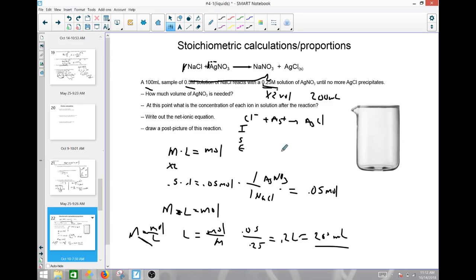I could solve it out, just as this is a data table. This is the work to fill the data table in. All right, well, this is the net equation. So draw a picture. In this case, if I mash them equally, I would have Na pluses floating around, I have NO3 minuses floating around, and at the bottom I would have AgCl.